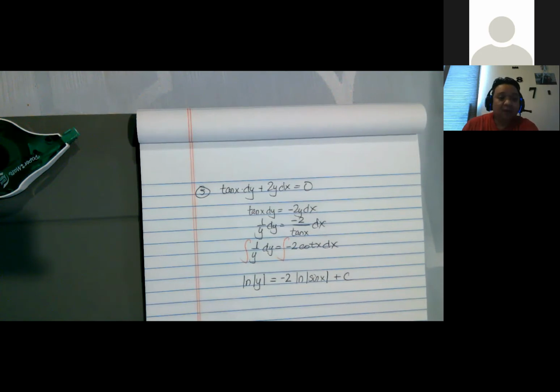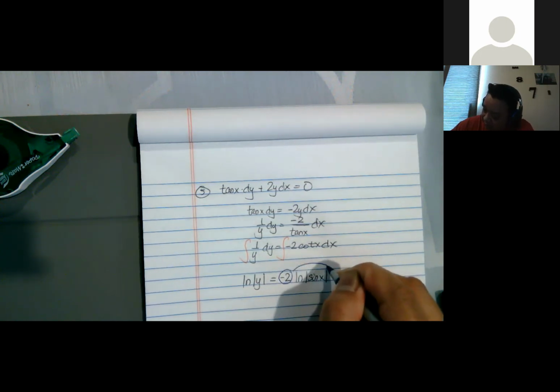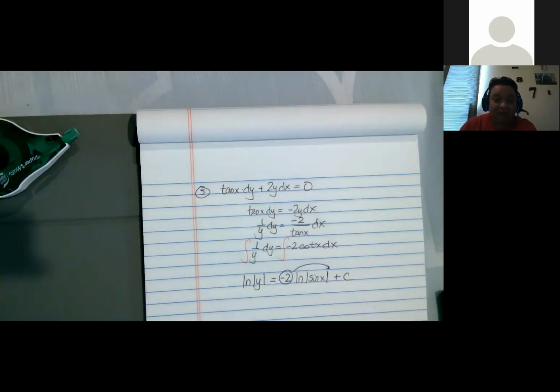All right, so now there's only one y, so you have to solve for it. First things first, this negative 2 has to go. You don't really want that on there. Using your properties of logarithms, this negative 2 is going to become the power for sine x. The negative means reciprocal, so you're going to flip it.